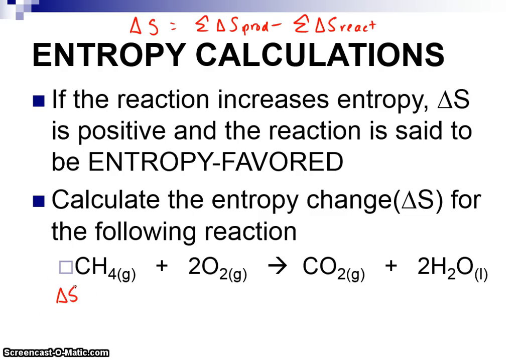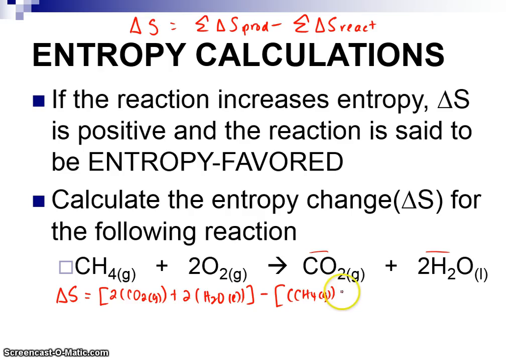And we need to refer to the table in your book, in your packet, to do this. But what we're doing essentially is 2 times the CO2, which is gaseous, that's my product there, plus 2 times the H2O, liquid, which is there, minus, big square brackets, CH4, gas, plus 2 times the O2 gas.